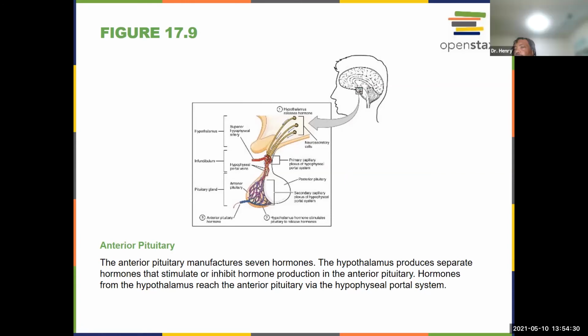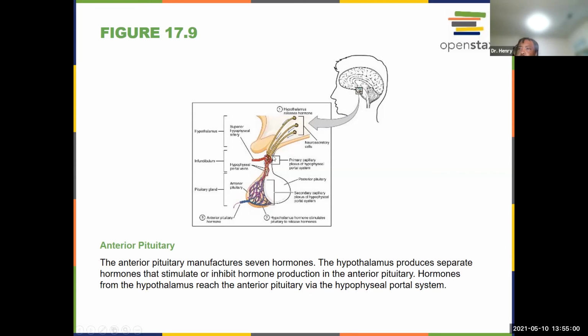Okay, so in the case of the anterior pituitary gland, it makes those six hormones. Similarly, the hypothalamus is going to release hormones.